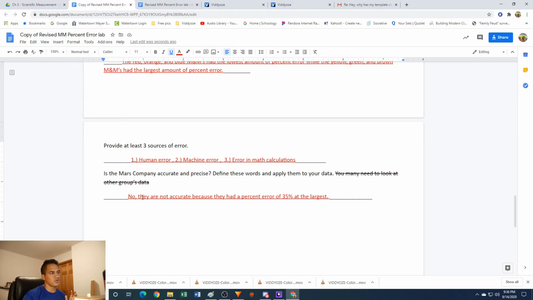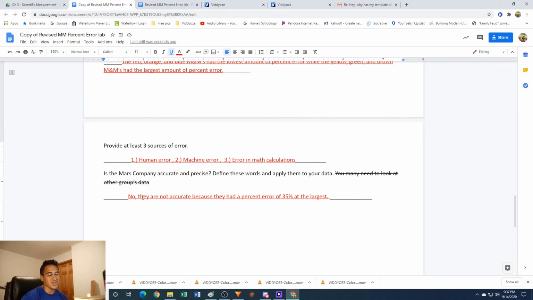As for precision, are they precise? Also no. And the reason, again, why they're not precise is because their percent errors fluctuate from 0 to 35%. If they were precise, remember precision is about consistency. If they're precise, then at least every percent error would be the same. So, if they were precise, it would be like 16% error for everything, like 16, 16, 16, 16, 16.